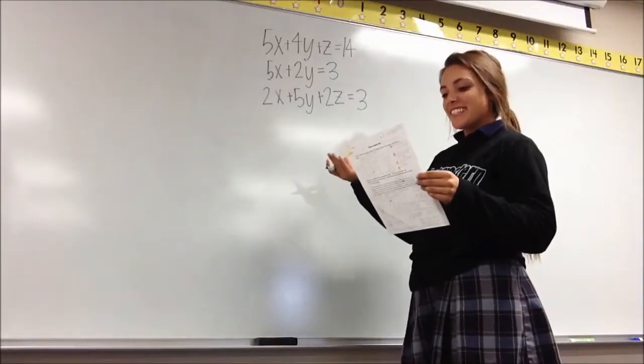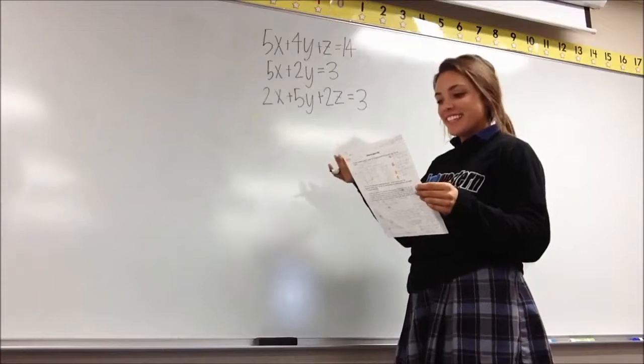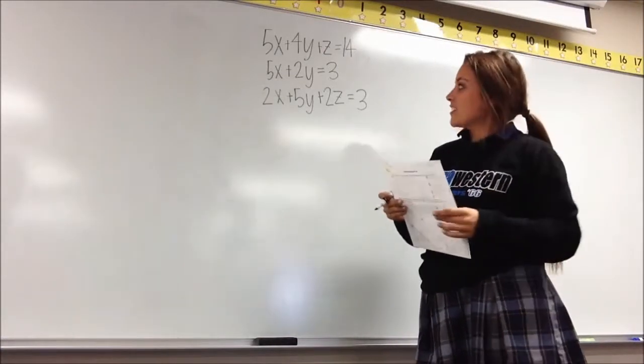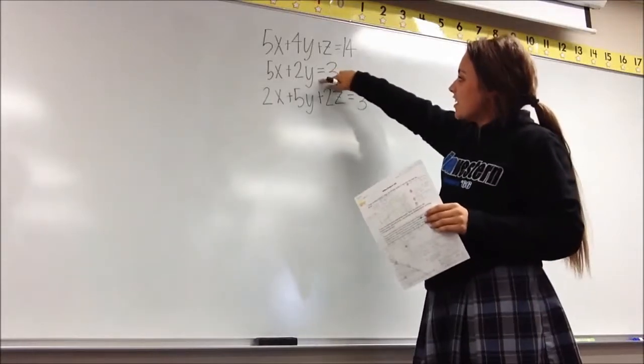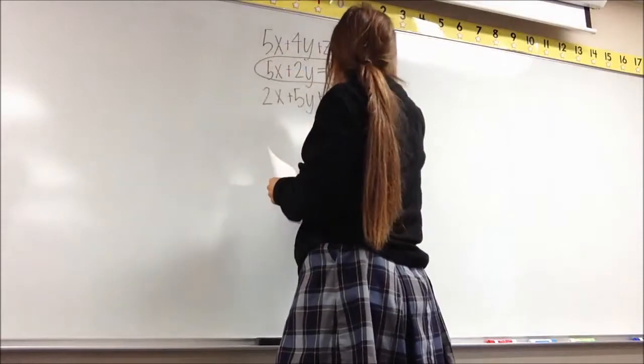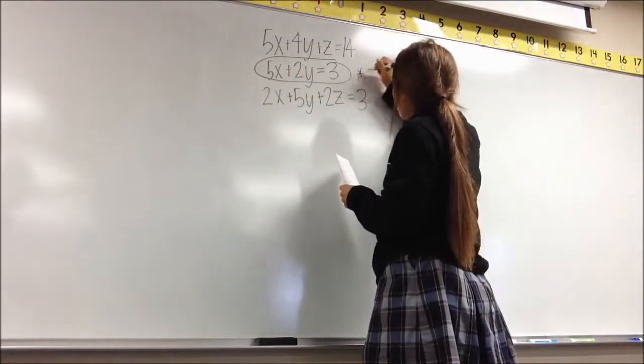Solve the linear system of equations algebraically. Our first step is going to find which variable to cancel, and in this case z is already out of this equation, so this will be our new equation number 1.